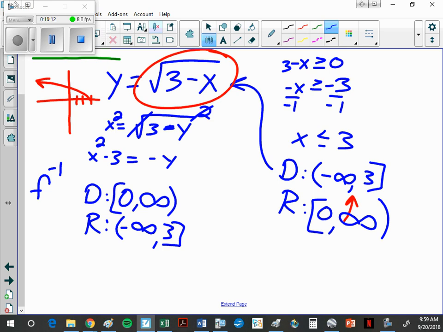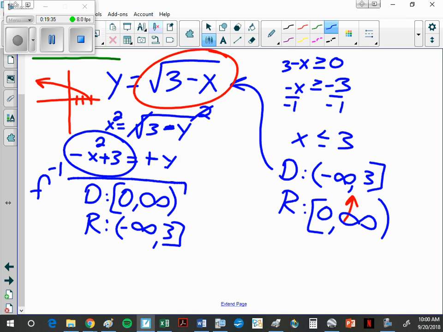And then I'm just going to go through and change every sign. Right, times by negative 1. So negative, positive, positive. And y is equal to negative x squared plus 3. But wait a minute. Negative x squared plus 3 is not 1-to-1. How do you justify that?